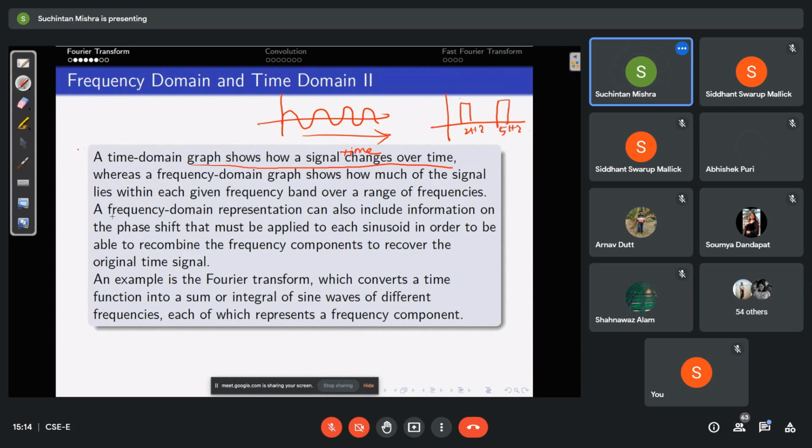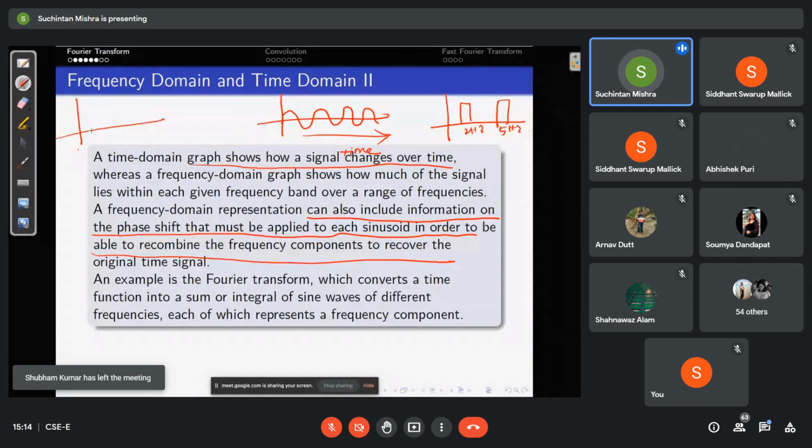A frequency domain representation can also include information on the phase shift that must be applied to each sinusoid in order to be able to recombine the frequency components to recover the original time signal. So when multiple frequencies are present in a composite signal, they are separated by the phase. That phase information is also available.